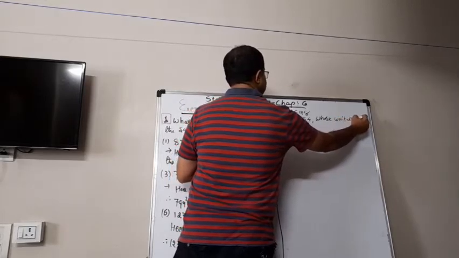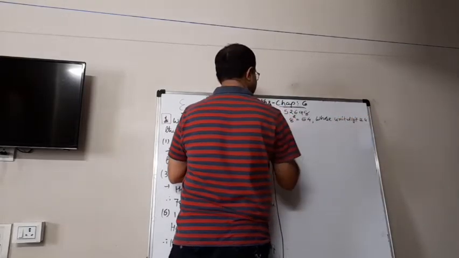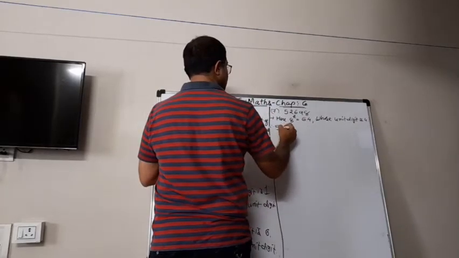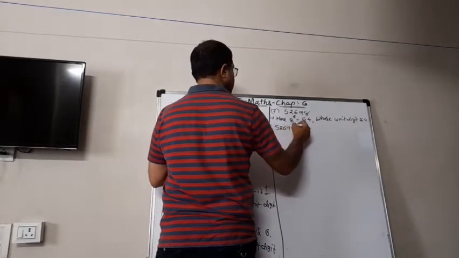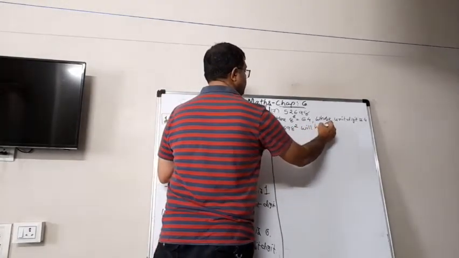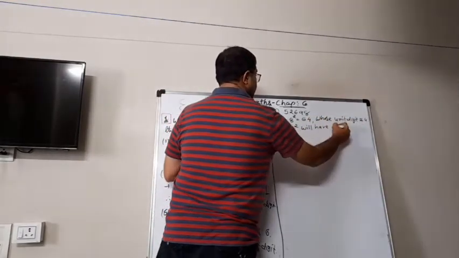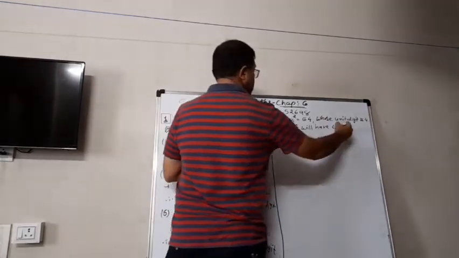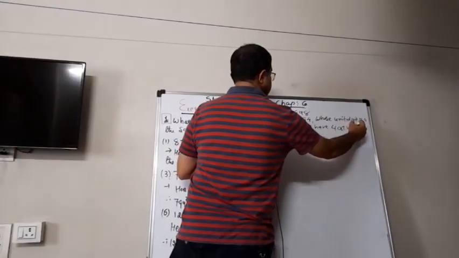Therefore, 52698 square will have 4 at the unit digit.